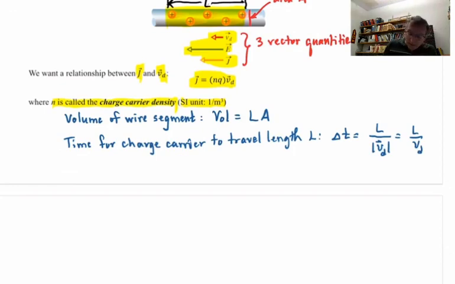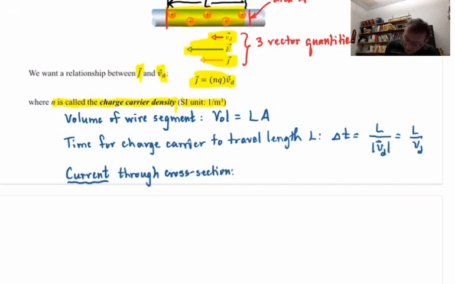Next, imagine a cross-sectional slice up here at the left end of this segment. What's the current through that slice? Current. Not current density, current. Through any cross-section, I'll think of the one at the left end.